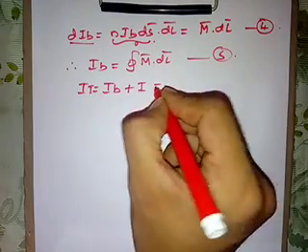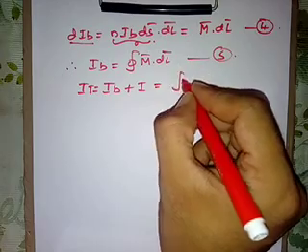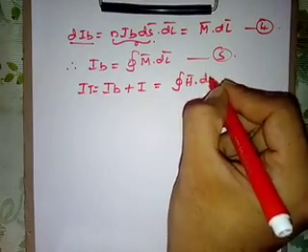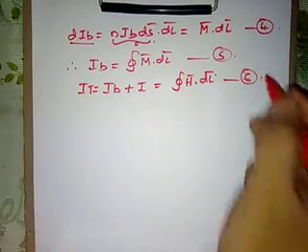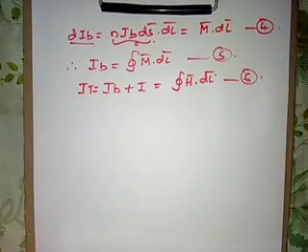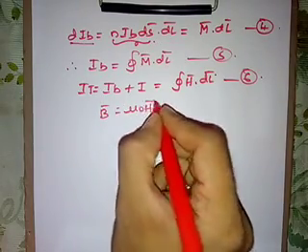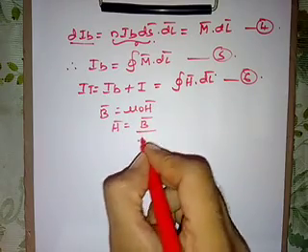Yes, so according to Ampere's circuit law, the total current is given by the closed line integral of the magnetic field intensity H bar dot dl bar. Is it not? We know that B bar is equal to mu naught H bar, or H bar is equal to B bar divided by mu naught.